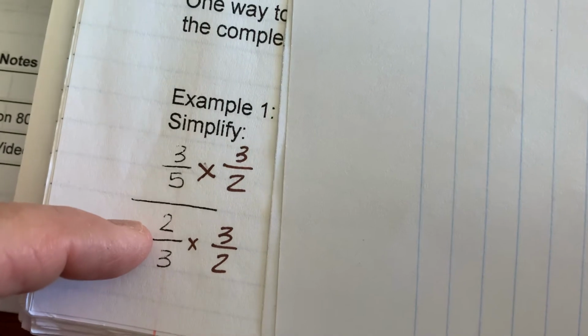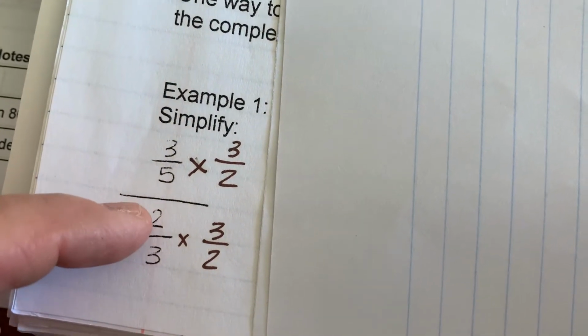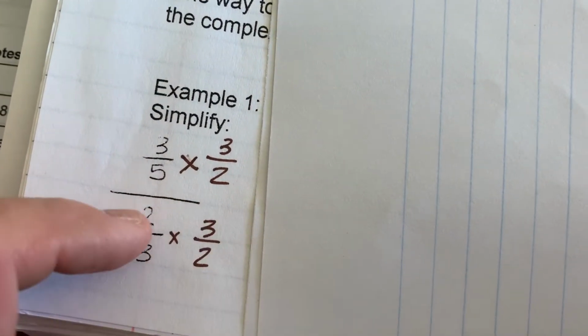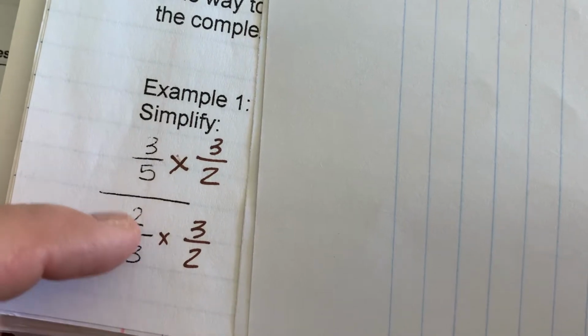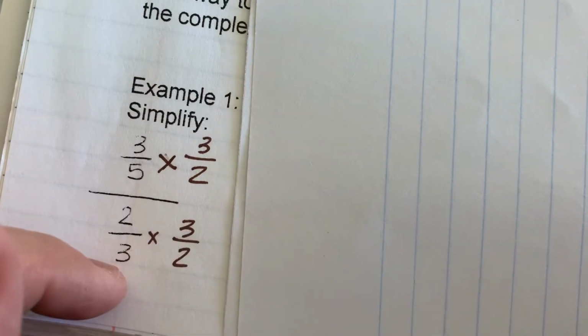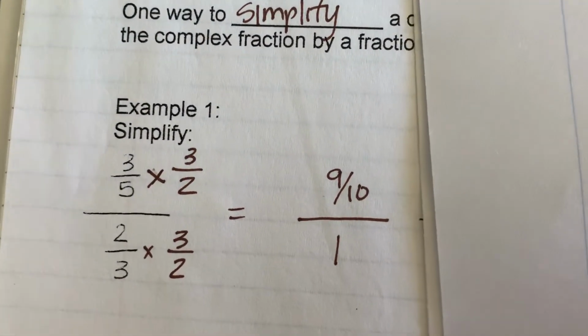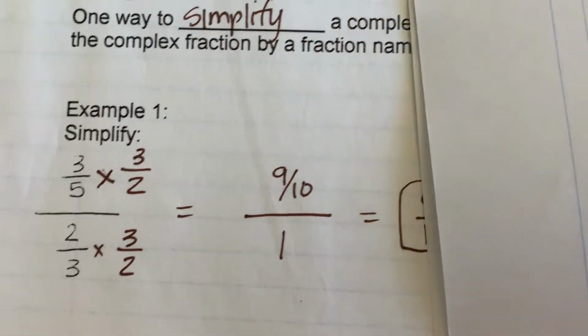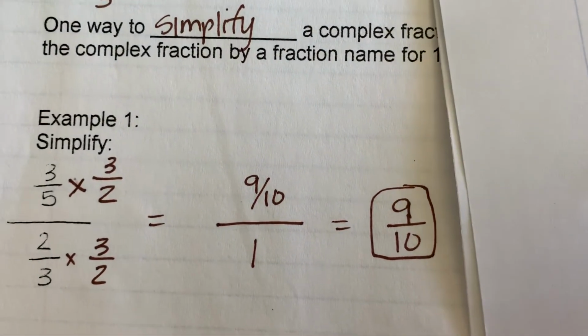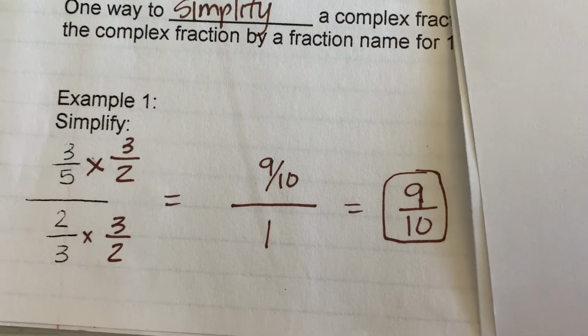And at the same time, because it's a reciprocal, this becomes 6 over 6, which is 1, okay? Or it cancels, it can cross cancel, and we get 1 on the bottom. All right, so that's what it's talking about. So we get 9/10 over 1, which equals 9/10. Okay, so we're going to flip over here to the other page and look at another example.